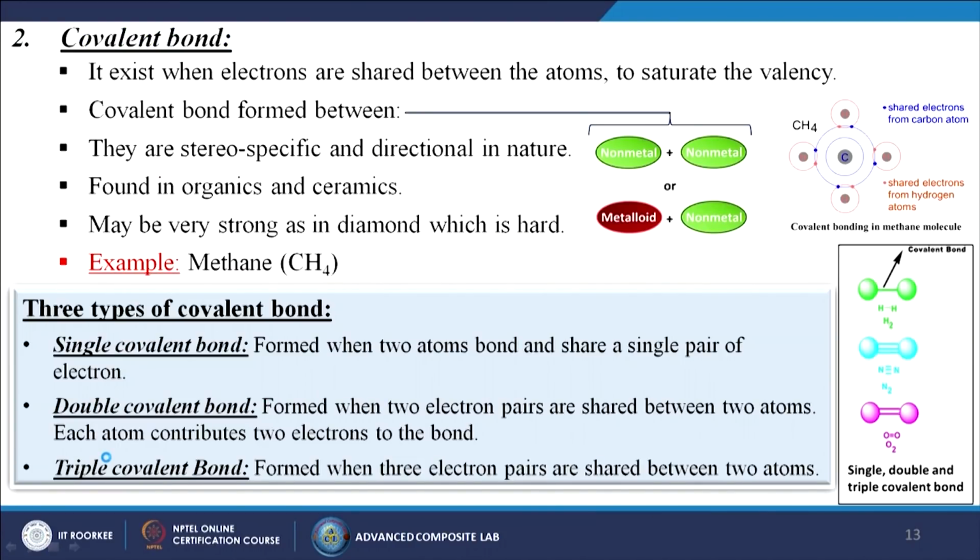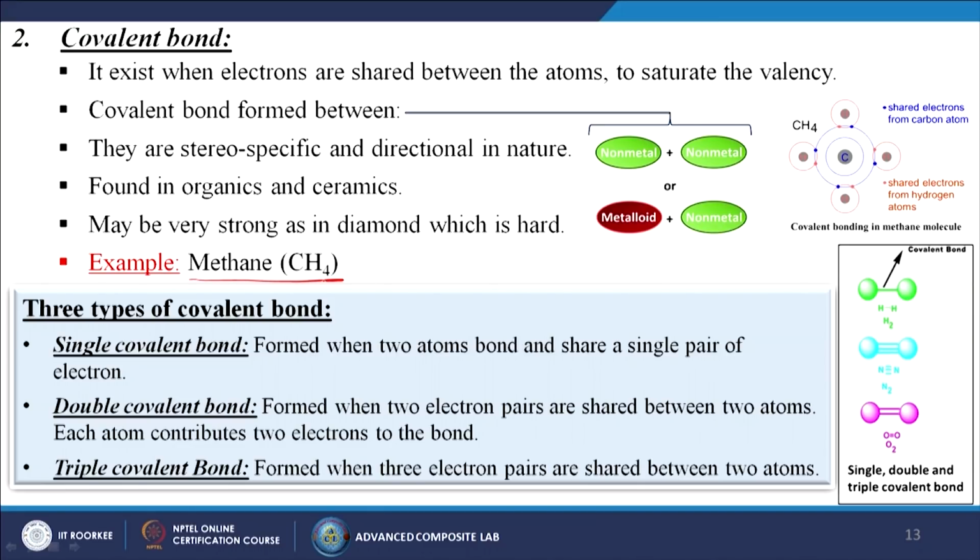Now we are going to discuss the covalent bond. It exists when electrons are shared between the atoms to saturate the valency. A covalent bond is formed between non-metal and non-metal, or metalloid and non-metal. They are stereospecific and directional in nature, found in organics and ceramics, and may be very strong as in diamond, which is very hard.